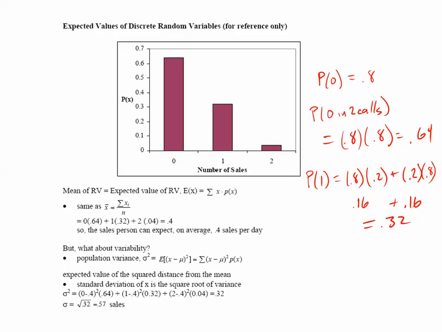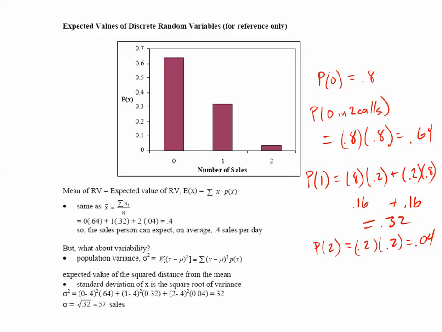And then what's the probability that they would make 2 sales in a given day? Well, that would be 0.2 times 0.2, 0.04. Now what we notice here is that the probabilities of the outcomes have to sum up across all probability states.